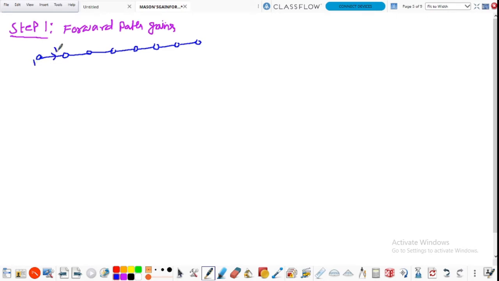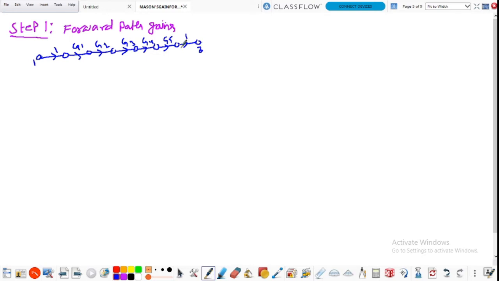From the given signal flow graph, this gain is 1, this gain is G1, this gain is G2, this gain is G3, this gain is G4, this gain is G5, and this gain is 1, from node 1 to node 8.